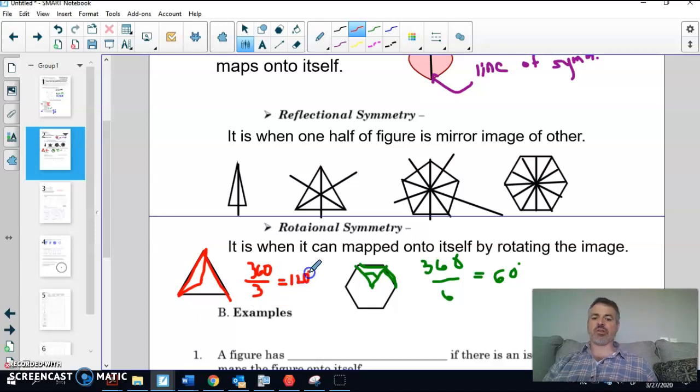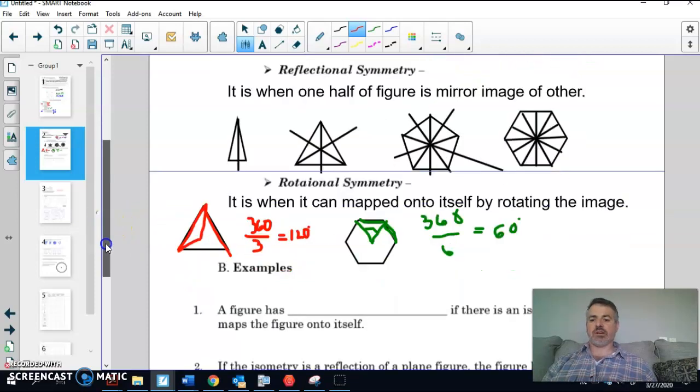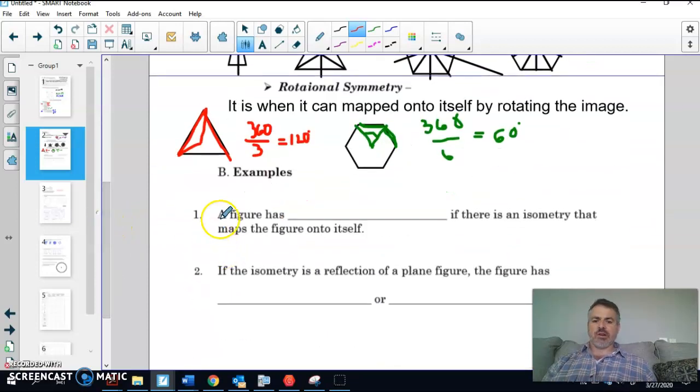So that's what line symmetry is and rotational symmetry. And then it has some example questions. A figure has blank if there's an isometry that maps onto itself. Again, that's the definition of symmetry. If the symmetry is reflectional on a plane figure, then it's said to have reflectional symmetry.